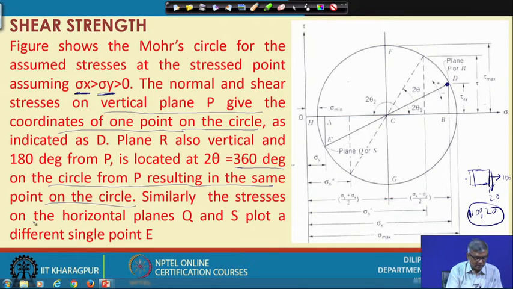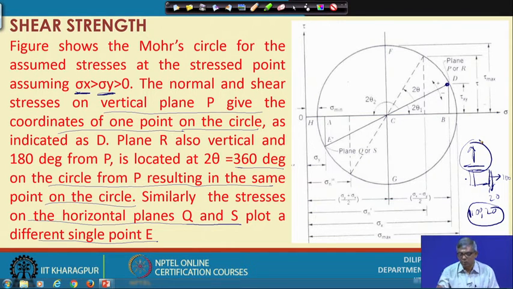Similarly, the stresses on the horizontal planes Q and S plot a different single point E. Suppose now I read this point. There is a shear here and there is a normal here. That value gives you another coordinate. If this is positive, this will be negative actually. So, it will come somewhere on the other side, suppose point E is coming here.